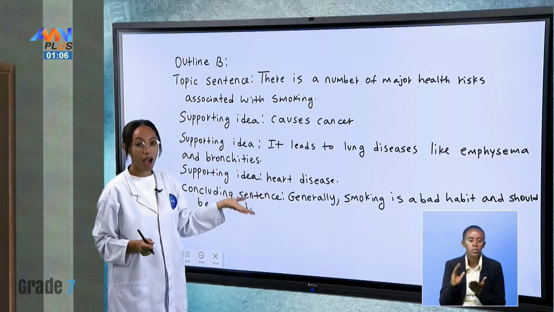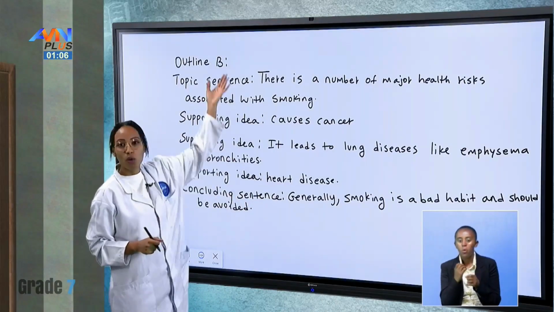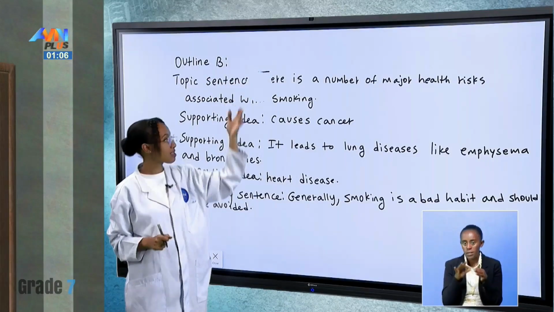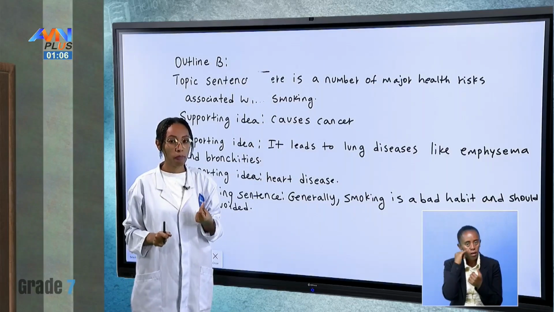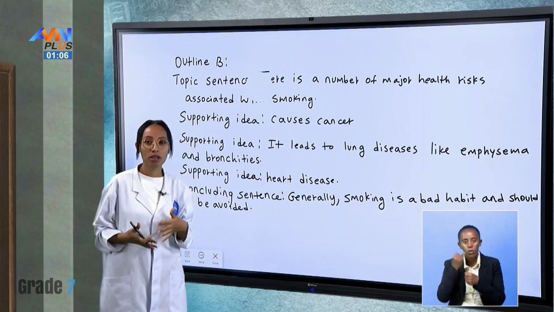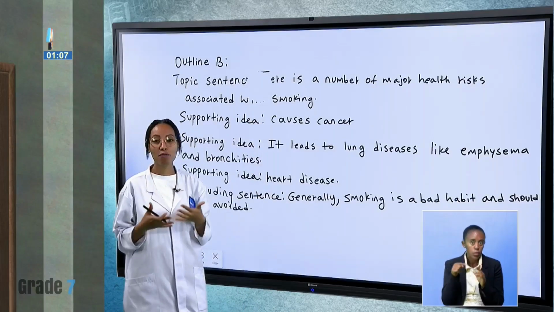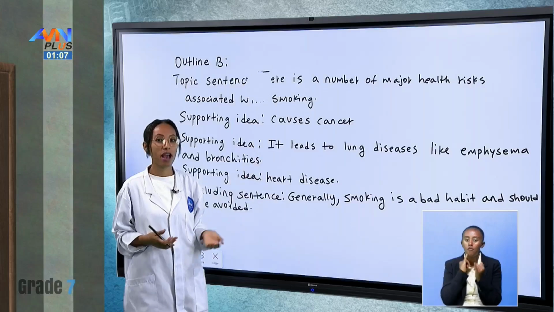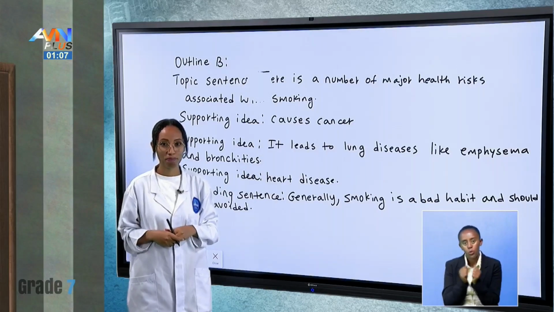So we have our ending line, which is our concluding sentence. We have our beginning sentence, which is our topic sentence. And we have three supporting ideas. Now, I will give you 2 minutes to write a full paragraph based on the information you have here, and then we will write it together.